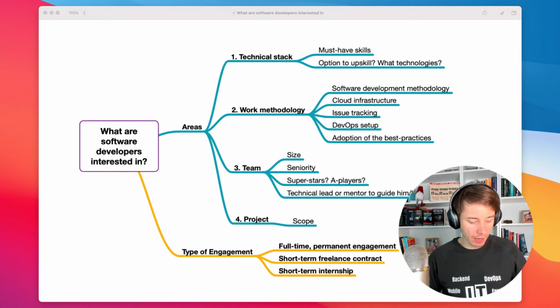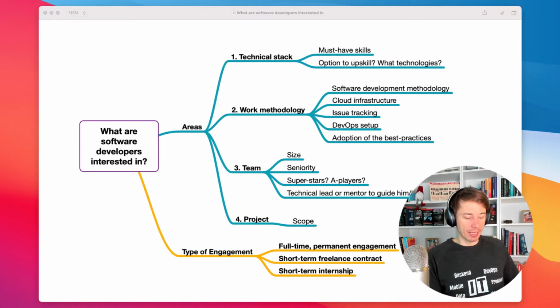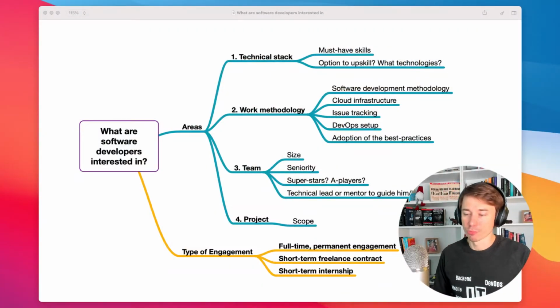So I would certainly encourage you to take the traditional job requirement and start asking your hiring managers questions about the team, the project, the technical stack, and especially the work methodology. What kind of best practices have they adopted? What is their DevOps setup? What cloud tools are they using right now?